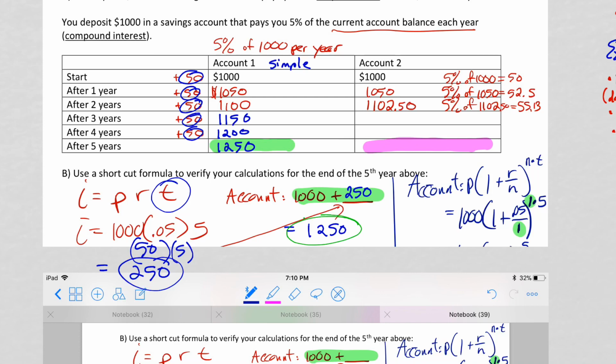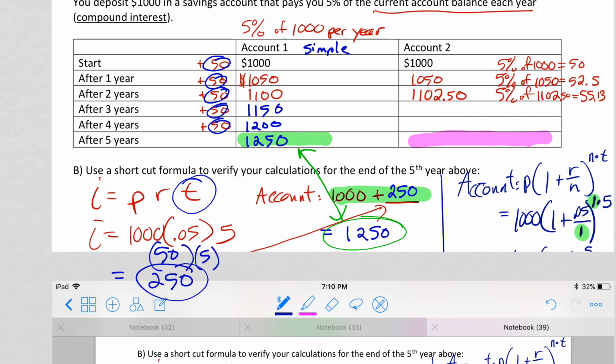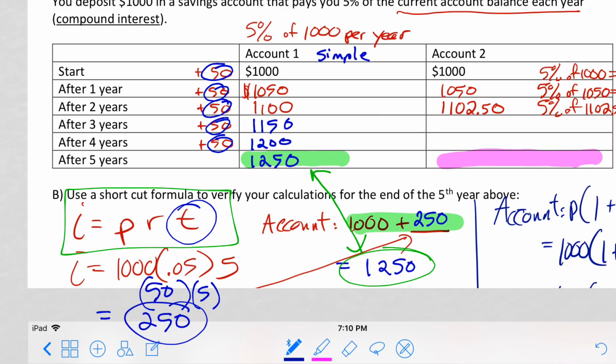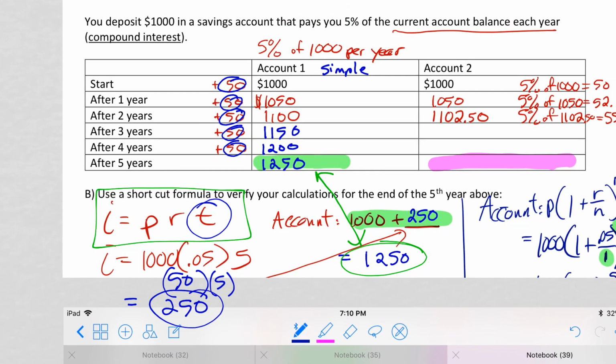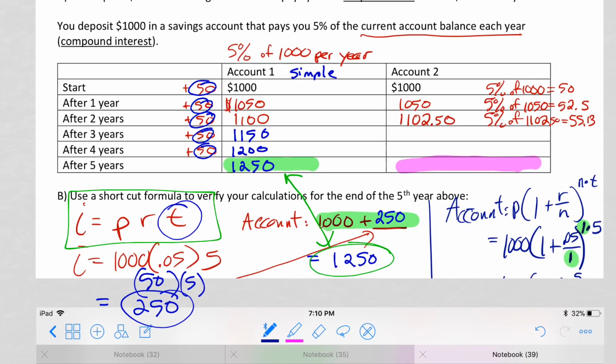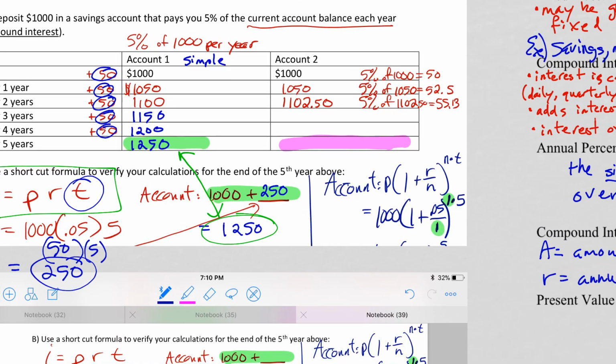As you can see, this 1250 matches this 1250. So this is the shortcut for a simple interest scenario where you get the same amount every single year. There's no accumulation. You get 5% of the 1,000 year after year, and you end up with $250 extra after 5 years.